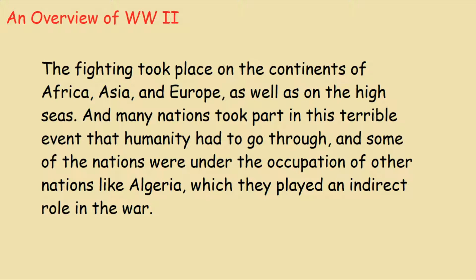So not only did we have some nations who participated directly in the war, such as Great Britain and France, but these empires had colonies at the time, and they used them in order to help the empire win the war. And I explained all these notions in my previous videos concerning the First World War.